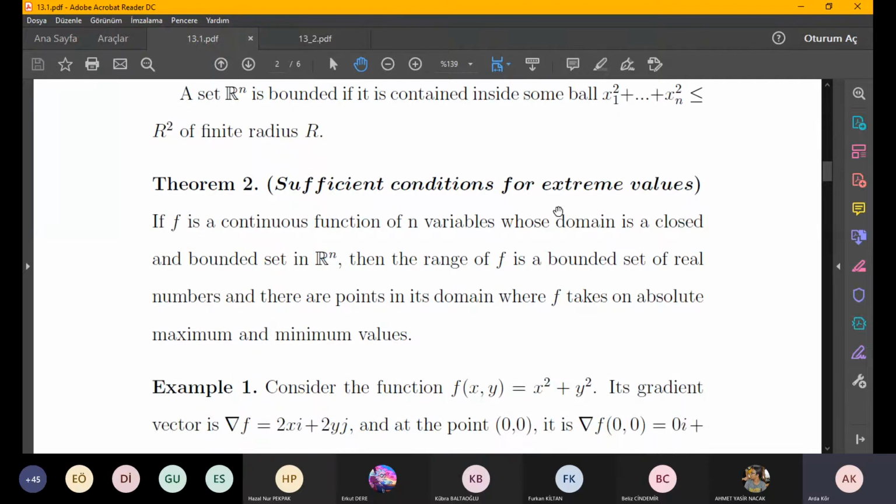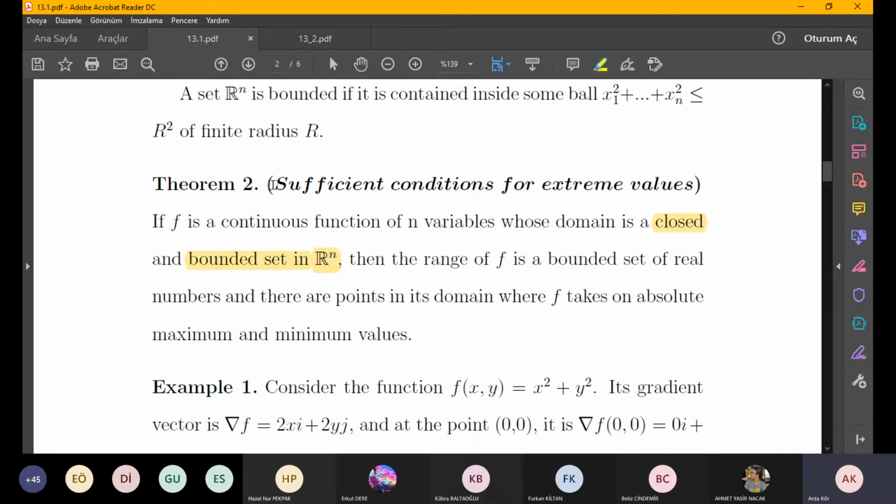Sufficient conditions for extreme values, we will see that definition. If f is a continuous function of n variables whose domain is a closed and bounded set in R^n, then the range of f is a bounded set of real numbers, and there are points in its domain where f takes an absolute maximum and minimum value.